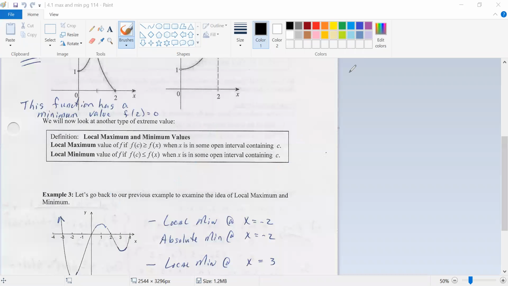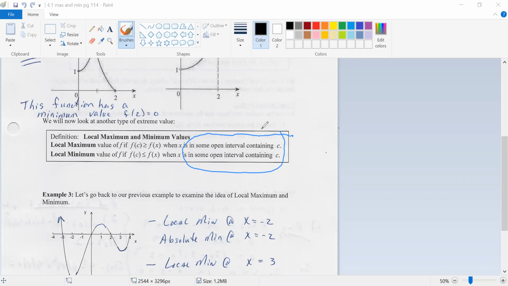There is also a definition, which I talked about in the last video, about a local max and local min. Now notice it's very general, and they're saying, hey, you can have values that are max or minimum on some open interval. So they don't have to be absolute. I kind of look at it as the highest point on a hump and the lowest point on a hump.